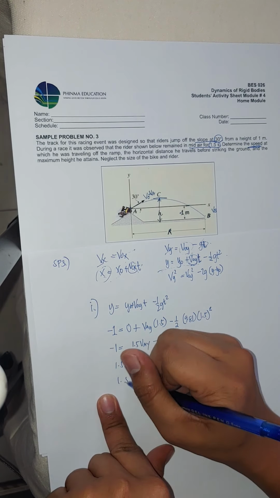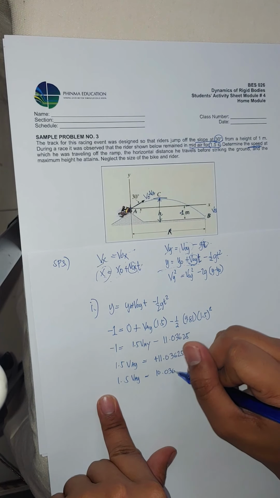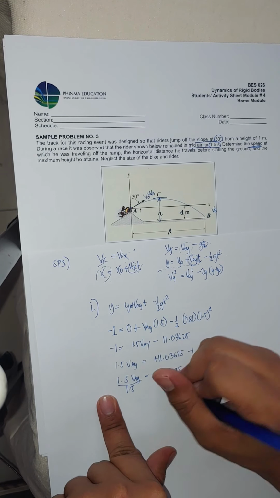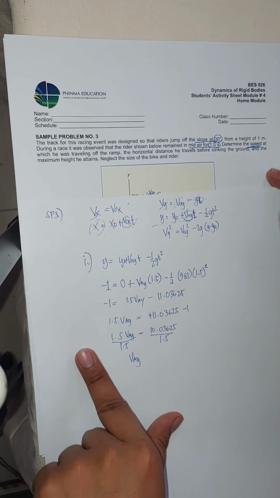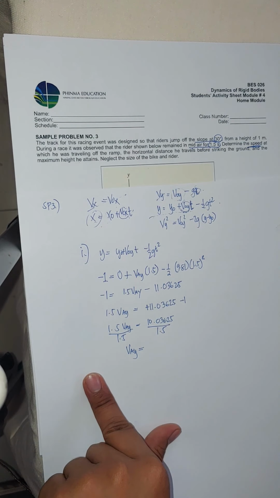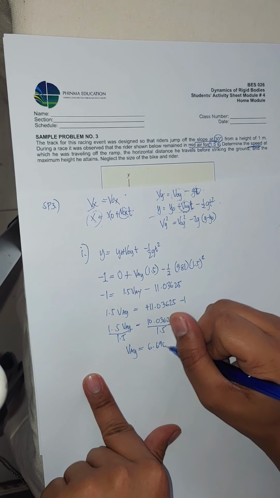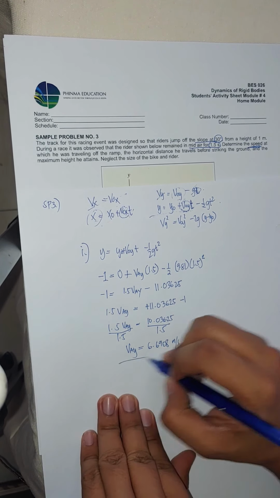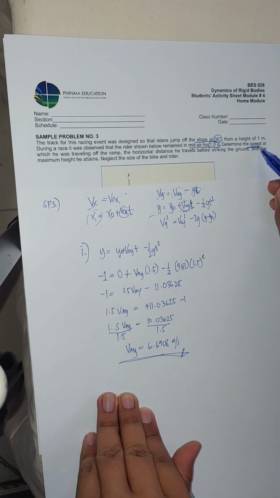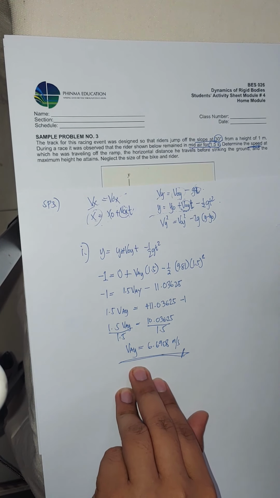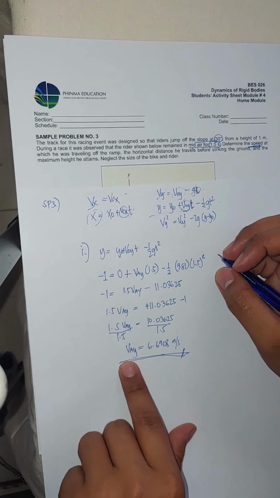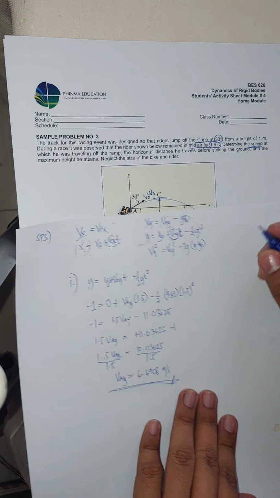1.5 VAy = 10.03625, so VAy = 10.03625 divided by 1.5. Our initial velocity along the vertical component is 6.6908 meters per second. But since we were asked about the speed, not along the x or the vertical component, we solve for the initial speed.